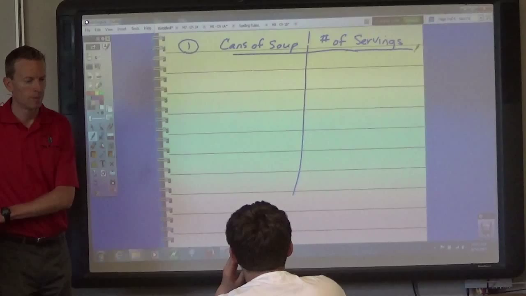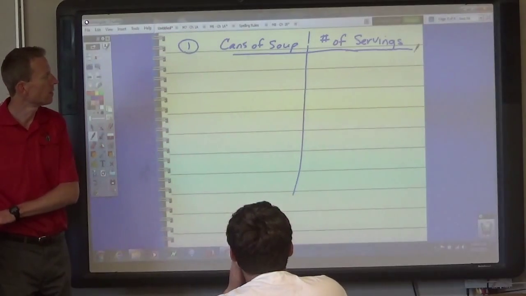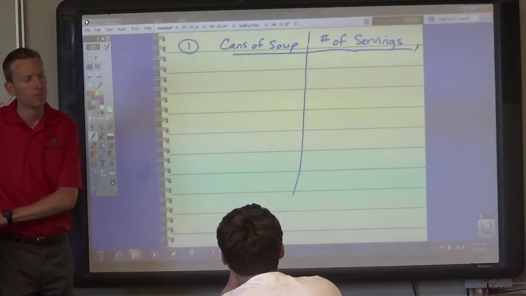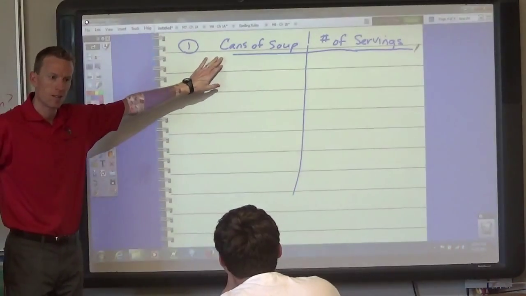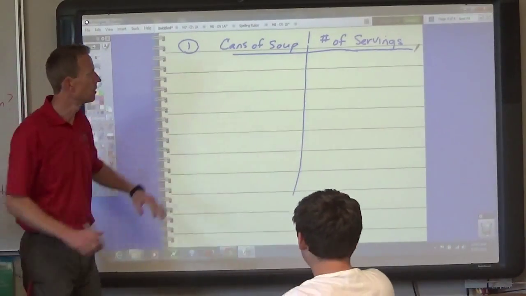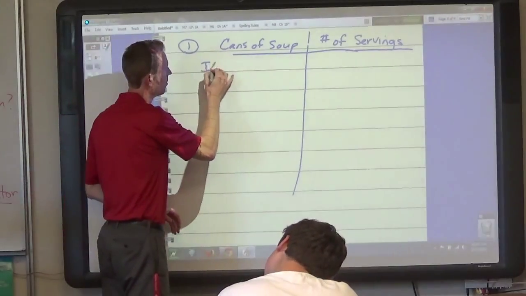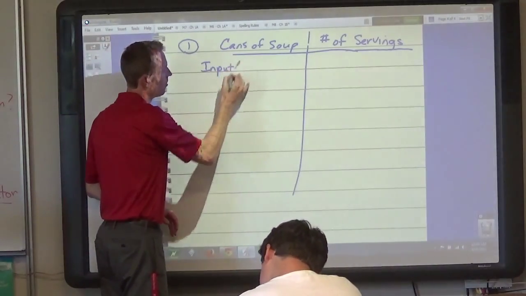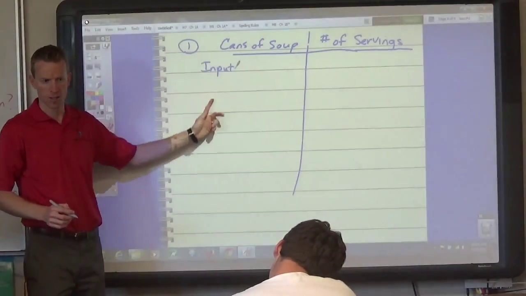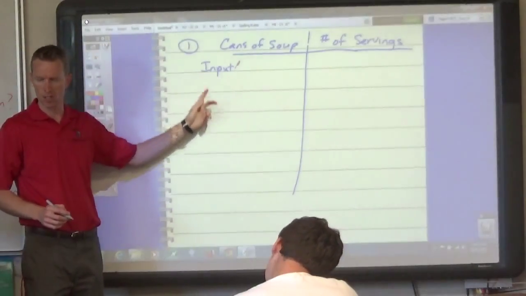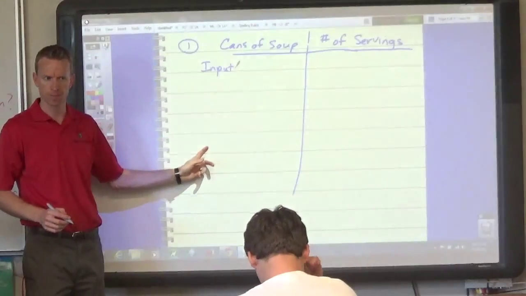Which is the independent variable? The left side or the right side? The left. The cans, right? This is the input. What's another term for this? Is this the domain or the range? Domain.